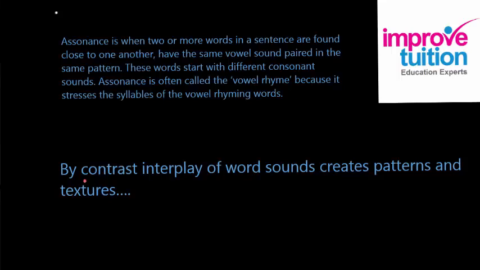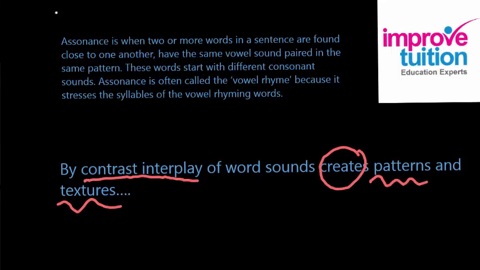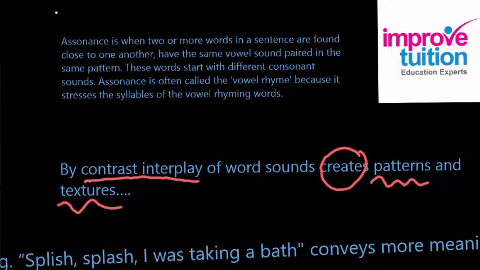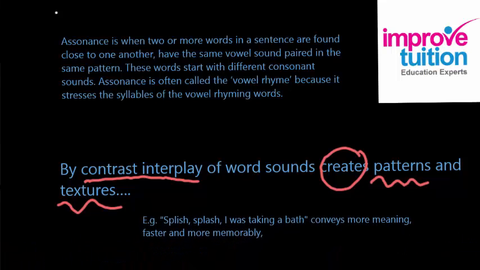By contrast, the interplay of word sounds creates patterns and textures. Let's look at an example. Splish, splash, I was taking a bath conveys more meaning. It shows that it's faster and more memorable.